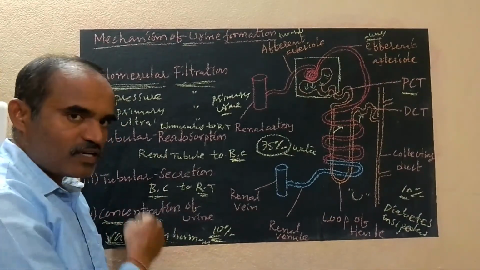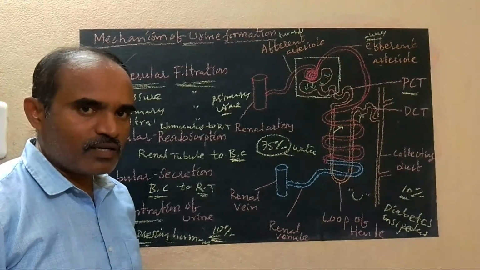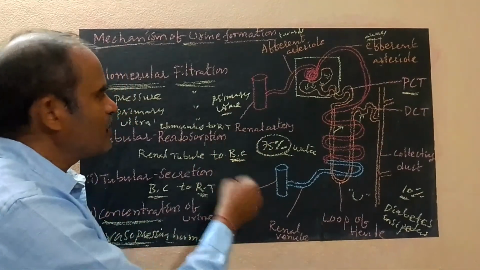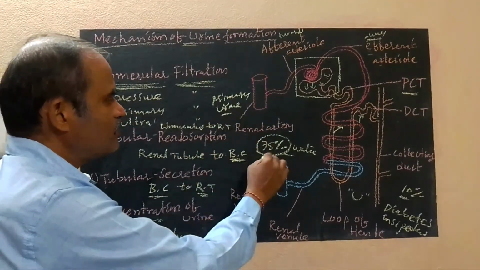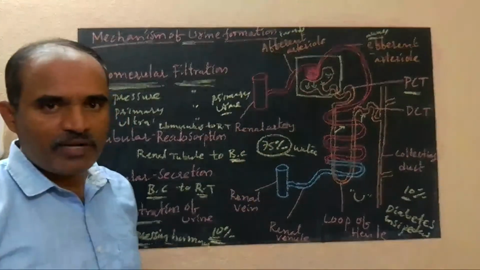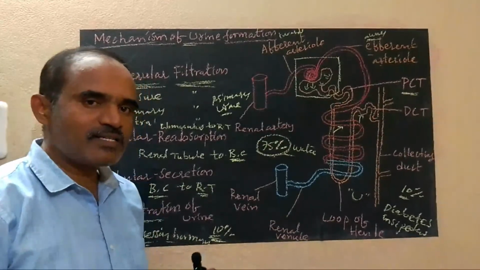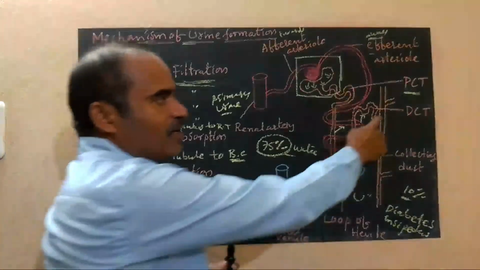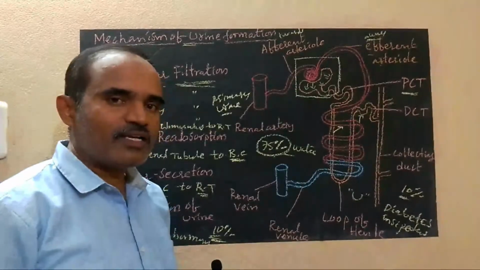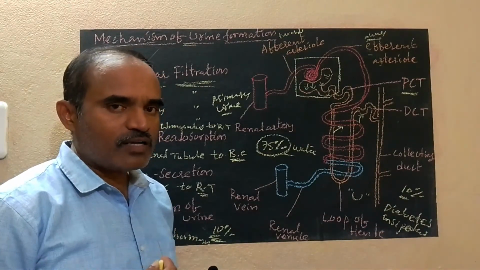Next, the last one is concentration of urine. 75% of the water is absorbed by the blood capillaries in the PCT, and 10% of the water passes out in the collecting duct, and the urine is highly concentrated.